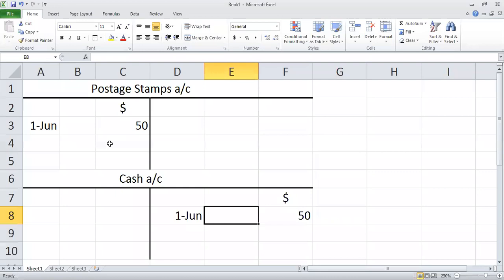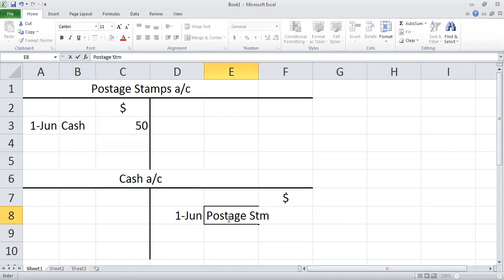So like last time we said we're going to cross-reference, right? So for postage, we paid by cash. You're going to place cash in this transaction, because postage and cash, they are related, right? So you're going to put cash beside the date and the money. And then in the cash account you put what? Postage, the stamps, and done.